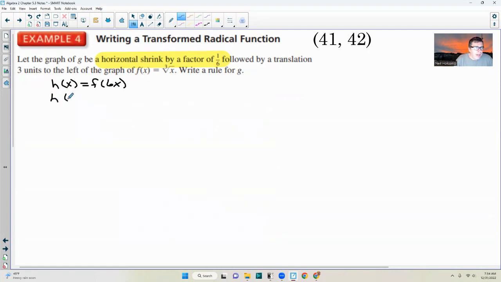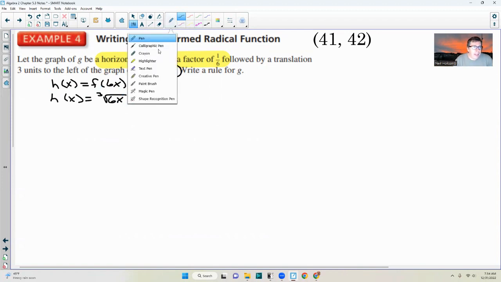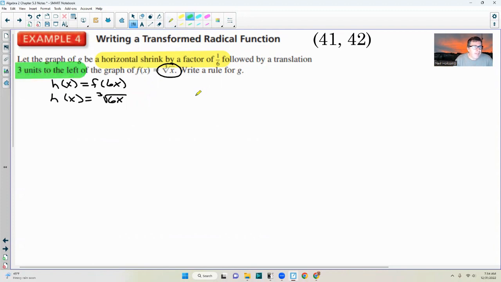So h of x is going to become the cubed root, because here's our parent function. f of x is the cubed root of x. So that'd be the cube root of 6x. Okay, so that is h of x. That's the first step. Then I'm going to switch back to my highlighter, followed by a translation 3 units to the left. Write a rule for g.